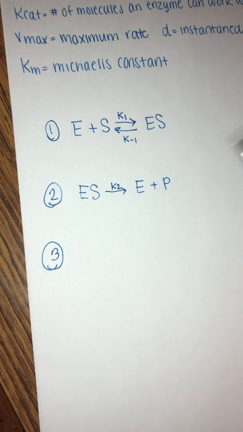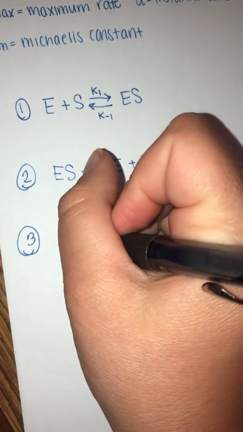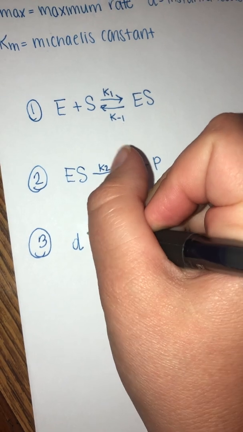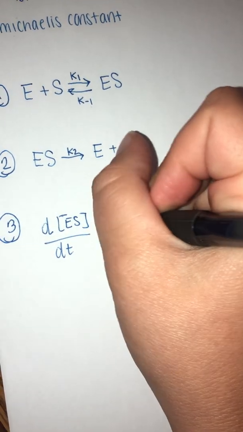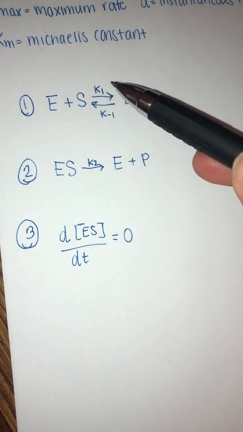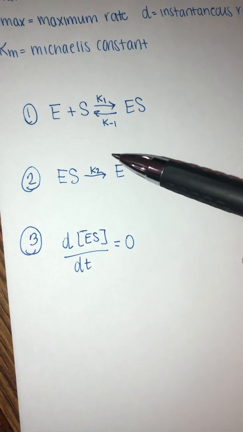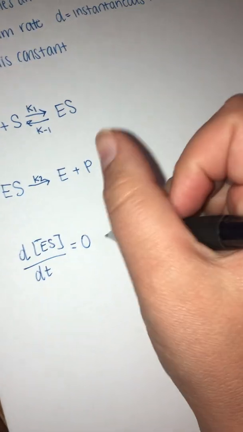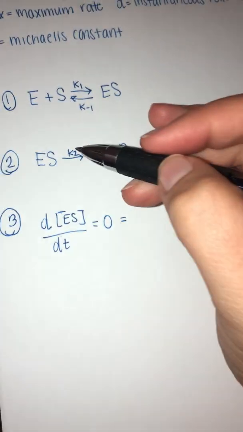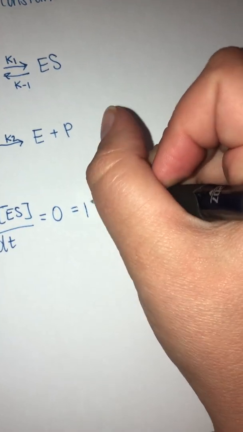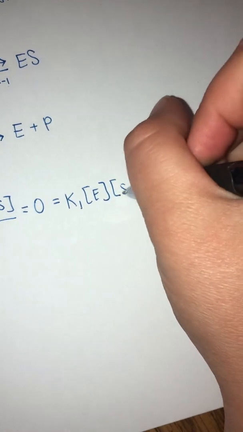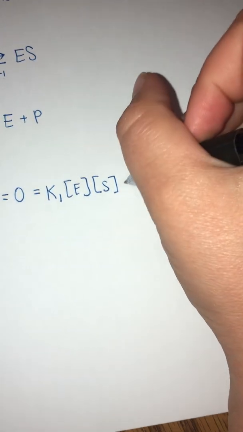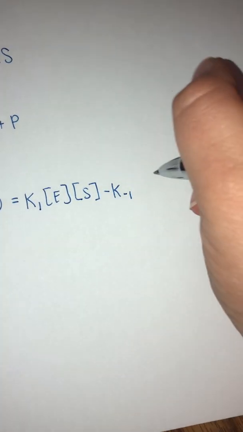Knowing these two equations, we can rewrite this. We know that the instantaneous rate of change for the enzyme substrate complex over the total instantaneous rate of change is equal to 0, which is basically what I just said earlier with the K1, the K-1, and K2 all ending up to equal 0. And with this all written out, it looks like K1 times the enzyme substrate minus K-1.